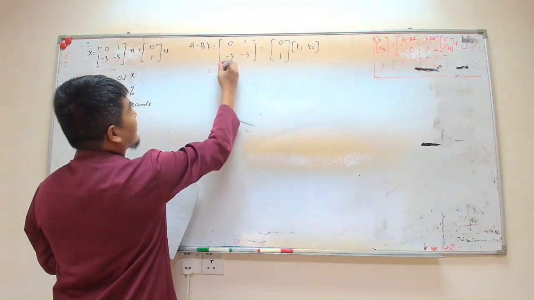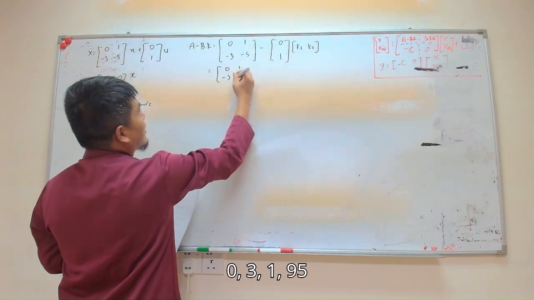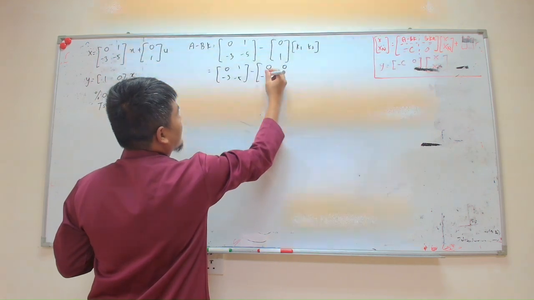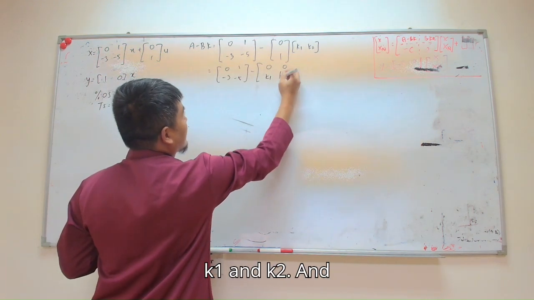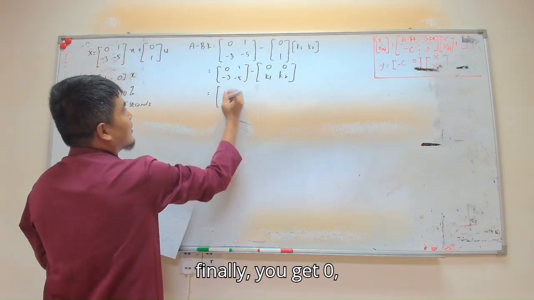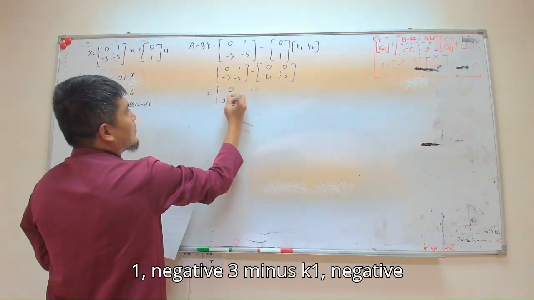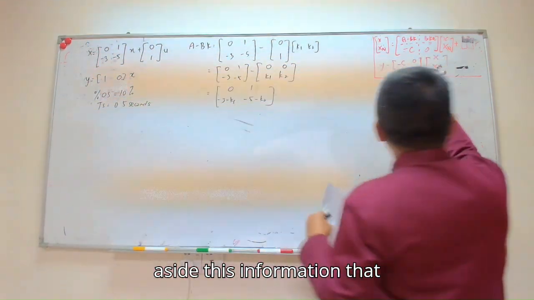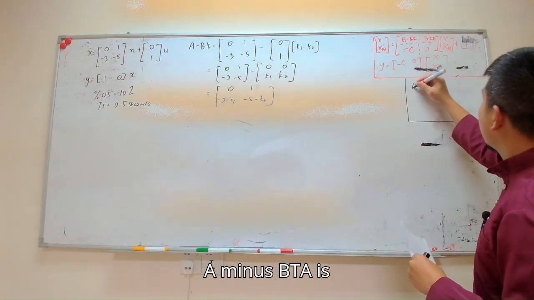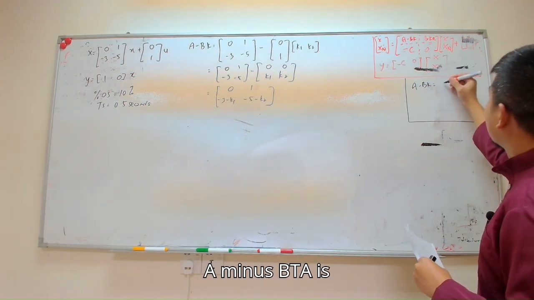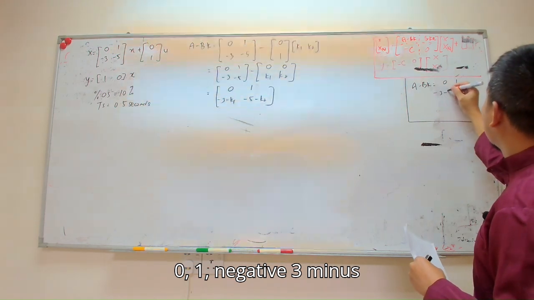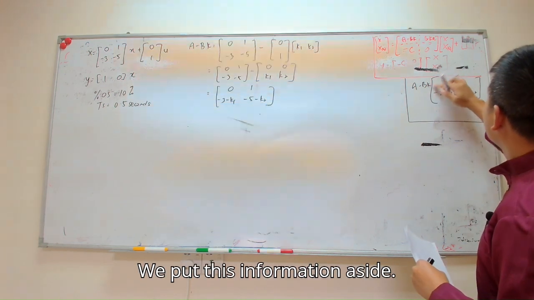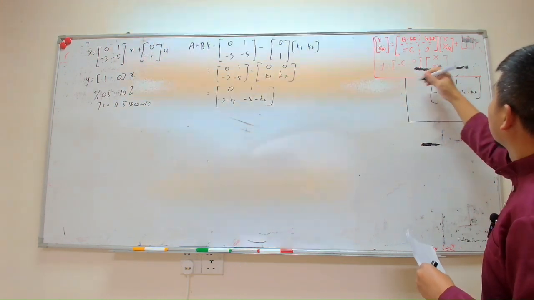So finally you get [0, 1; -3, -5] minus [0, 0; K1, K2], and finally you get [0, 1; -3 minus K1, -5 minus K2]. So we put aside this information that A minus BK is [0, 1; -3 minus K1, -5 minus K2].